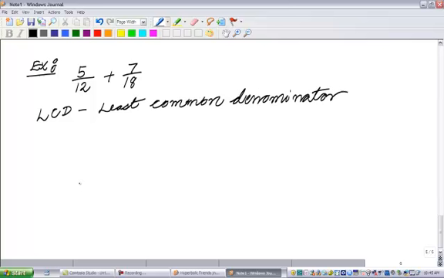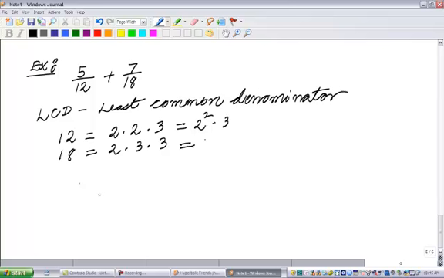Well, if you are not sure how to find a multiple of both the denominators, this is what you do. You write 12 as 2 times 2 times 3, right? And 18 is 2 times 3 times 3, right? And I'm going to write this as 2 squared times 3.